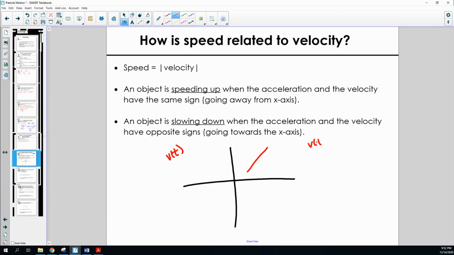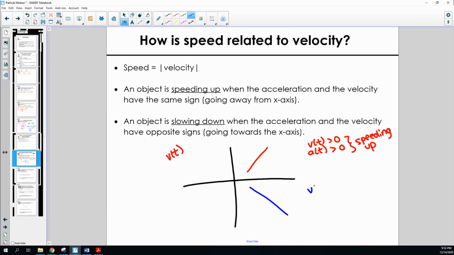I'm just going to make this red. So v of t is greater than 0 because it's above the x-axis, and a of t, the slope of the velocity, is also positive. So this is going to indicate that this is speeding up, and you can see on the graph, it's moving away from the x-axis. So that's speeding up.